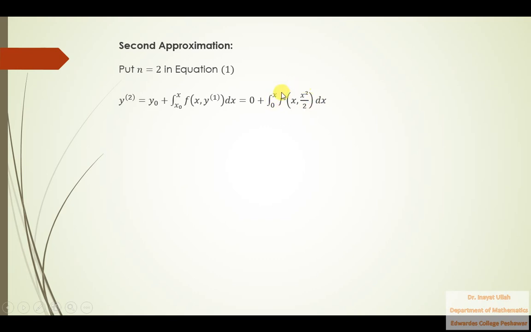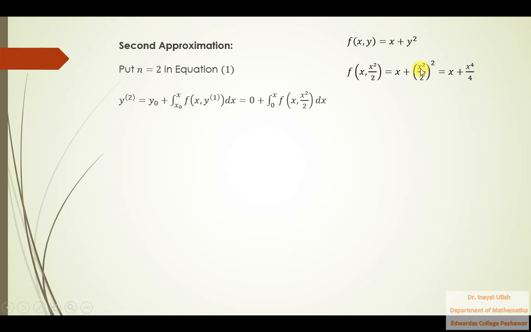Now what is the value of f of x comma x square divided by 2? We know that function of x comma y is x plus y square. So here we see that y is replaced by x square divided by 2. So replace y by x square divided by 2 there, and this is whole square.